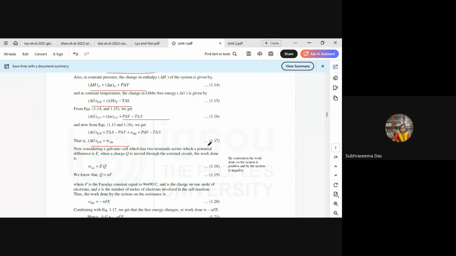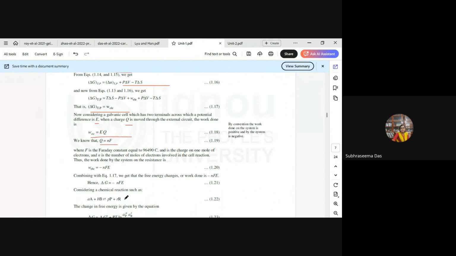We will consider a galvanic cell which has two terminals, and the potential difference is E, and a charge of Q moves through the circuit. For this case, the work done, that is W electrical, is equal to E into Q. Now we know that Q is equal to nF, where n is the number of moles of electrons and F is the Faraday constant, which we have studied just now from the laws of electrochemistry.